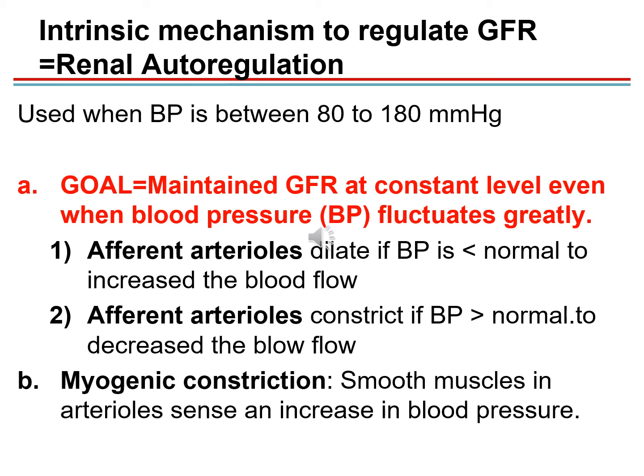On the contrary, if the blood pressure is above normal, we have to protect the glomerulus from high blood pressure. How are we going to do it? Produce vasoconstriction.